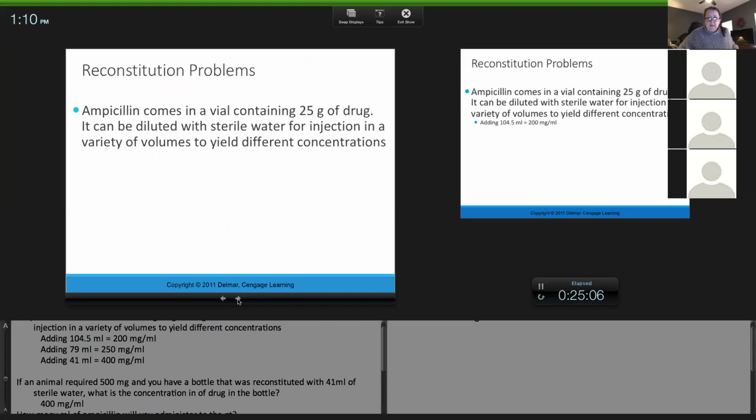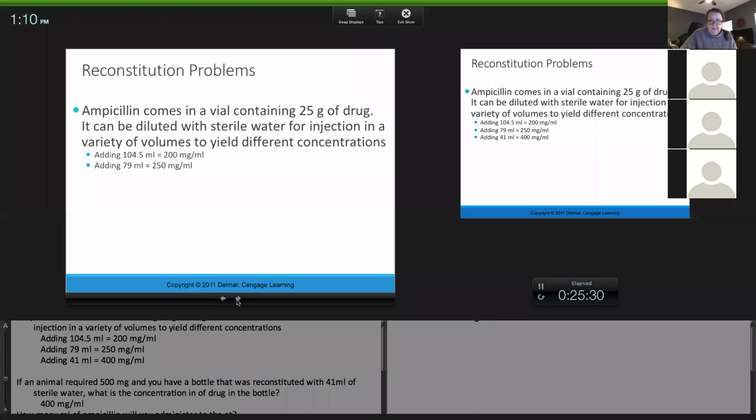Sometimes you get a drug like ampicillin. Ampicillin comes as 25 grams of a powder, and we can add sterile water to yield different concentrations. Sometimes we will add more or less if we want to extend its use. So if we add 104.5 mils, we get 200 mg per mil.